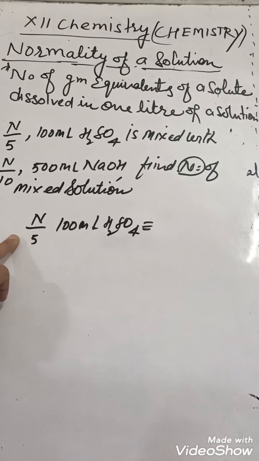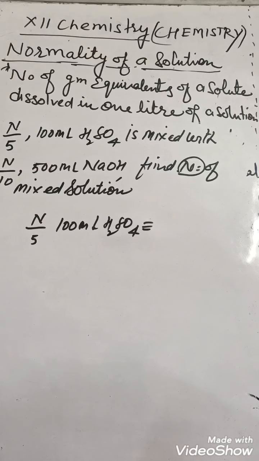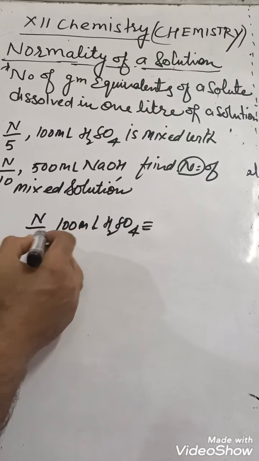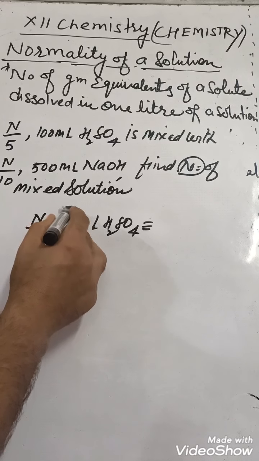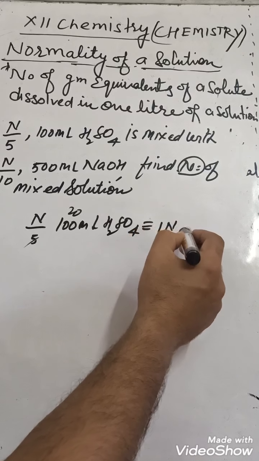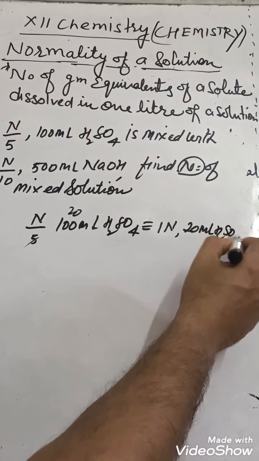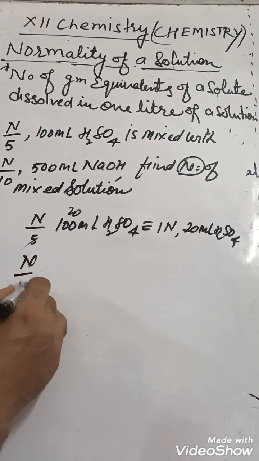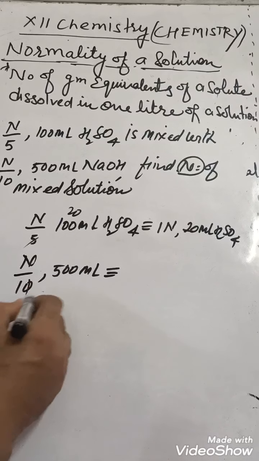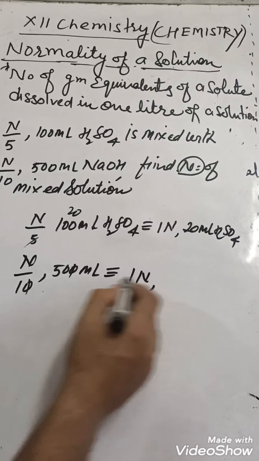So how can we calculate this one? N by 5, 100 ml H2SO4 is equivalent to, we can simply calculate it, one normal solution, 20 ml H2SO4. Similarly, N by 10, 500 ml NaOH is equivalent to one normal solution and 50 ml.